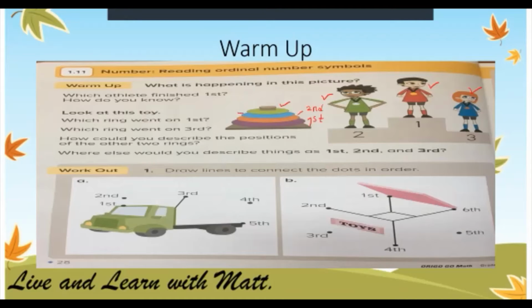The blue ring is the third. And the green ring went on fourth. Again, the purple ring went on first, followed by the orange ring, then the blue ring is the third, and the green ring is the fourth.